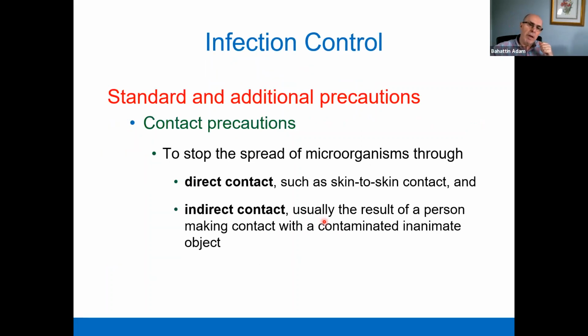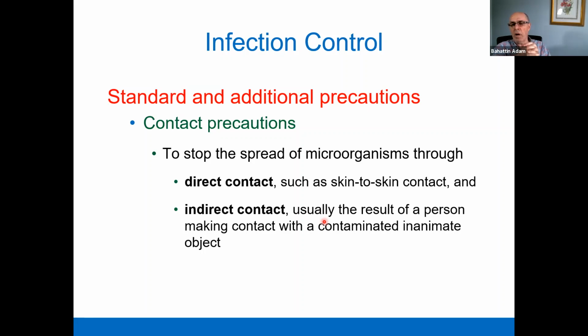Now, the standard and additional precautions to prevent infectious disease are several. As you see, they are to stop the spread of microorganisms through direct contact or indirect contact. Direct is skin to skin. How can you protect yourselves or prevent the transmission of disease or spread of microorganisms?